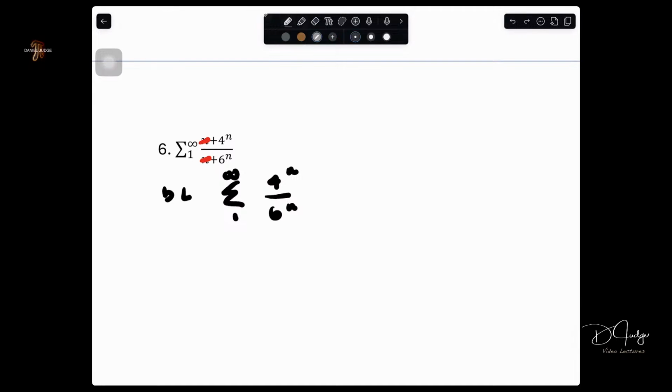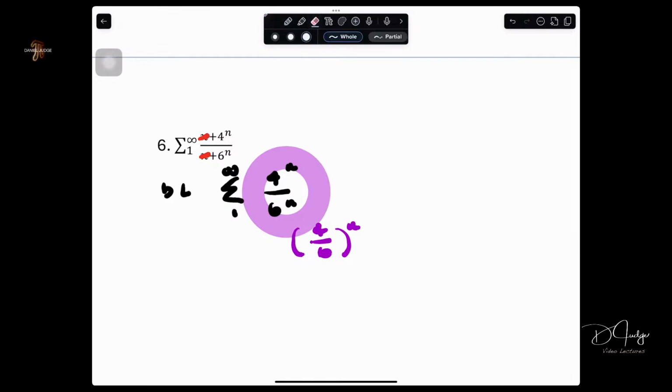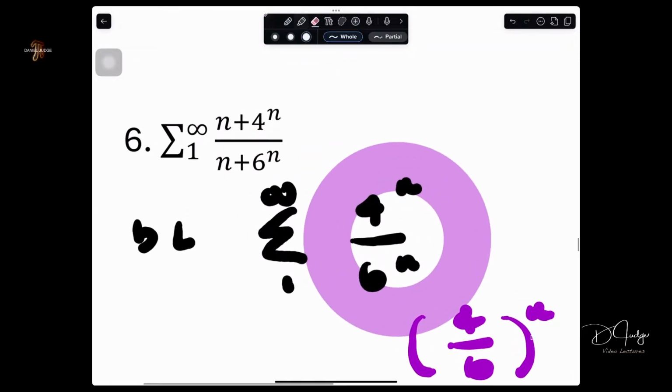Now, just doing a little algebra on this. Properties of exponents. This is going to be 4/6 to the n. We have an here.